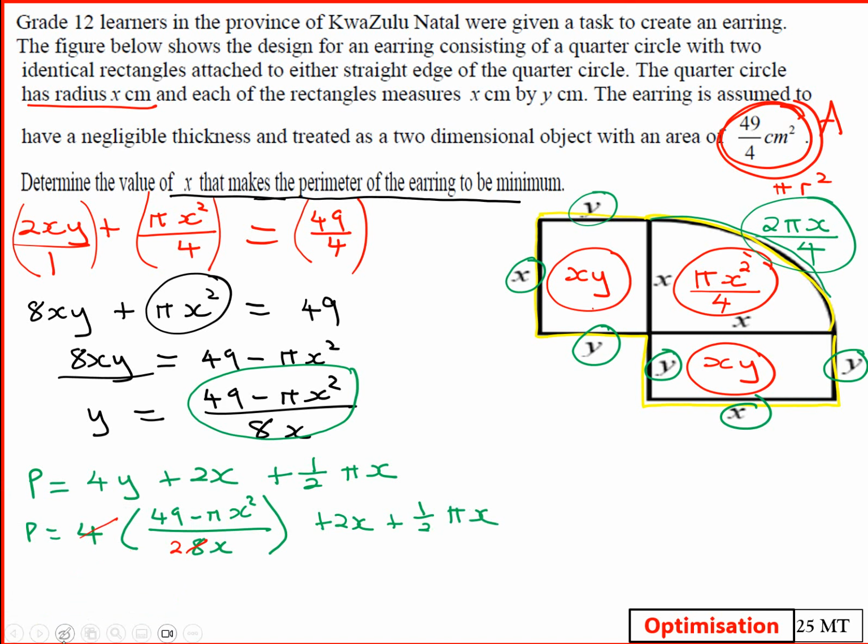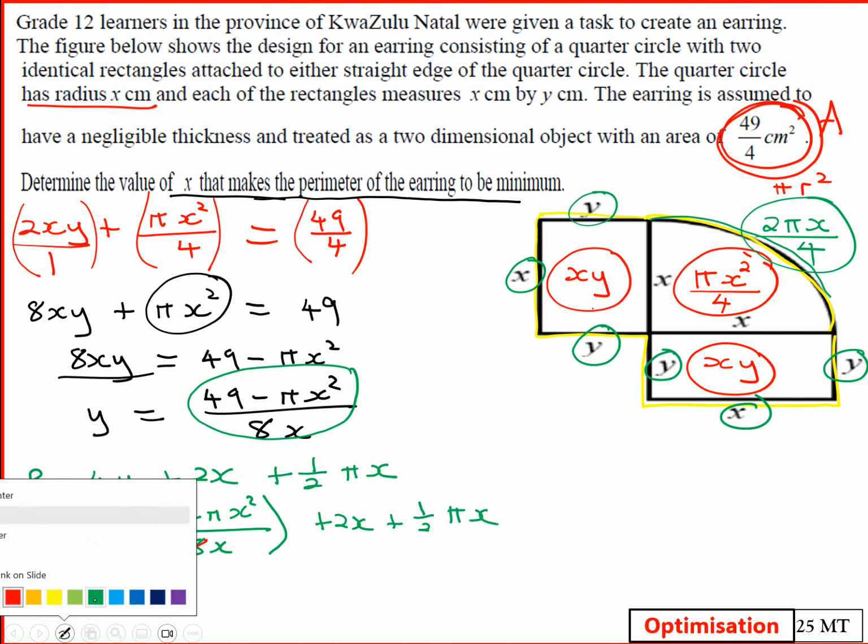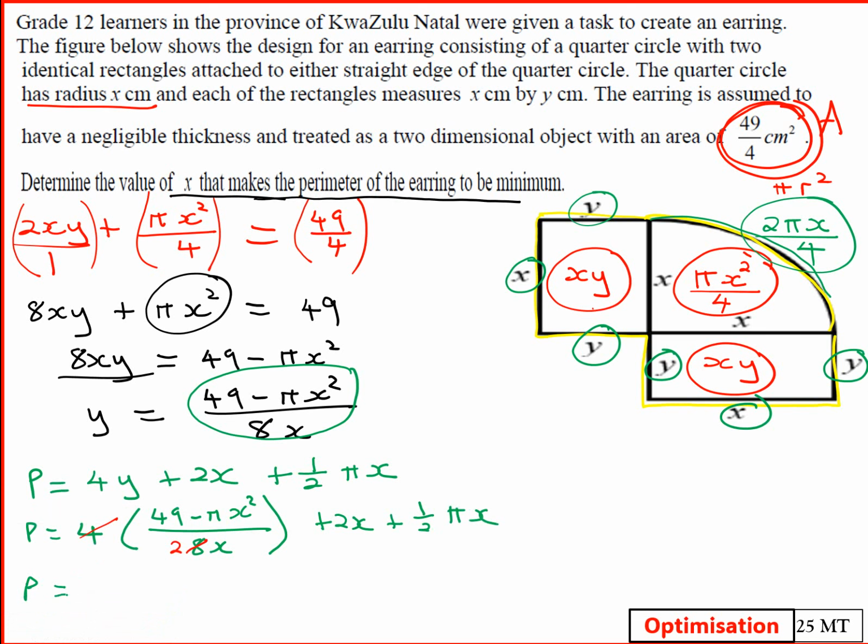If we simplify this, we're going to get the perimeter. Remember 49 over 2, we'll keep 49 over 2, and then minus pi x squared over 2, which is minus half pi x squared, and then plus 2x plus half pi x.